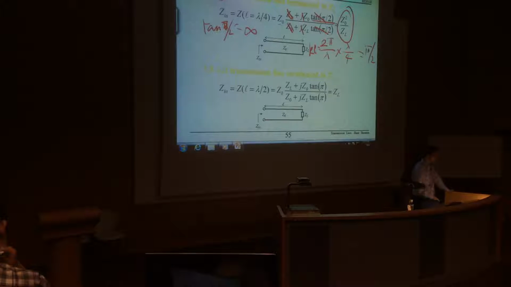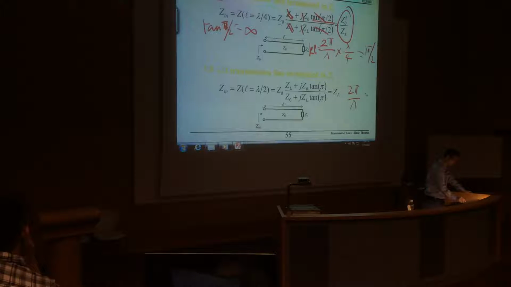Then let's look at another case. Another case is the length, for instance, this length is half wavelength. For half wavelength, this times lambda divided by 2, right?